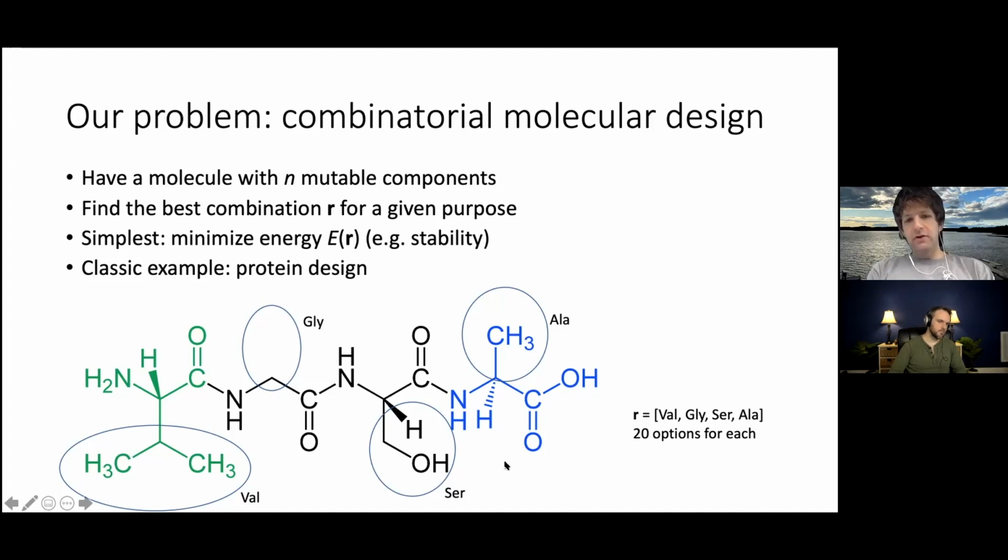So now we can start to relate chemistry to something that a computer can easily conceptualize. We can construct this vector of the amino acid types. There's 20 natural amino acids for each. These are the ones that are going to be easiest to make, that biology across species can generally make. So we can have this vector, valine, glycine, serine, alanine, specifying the chemistry of just this short chain.